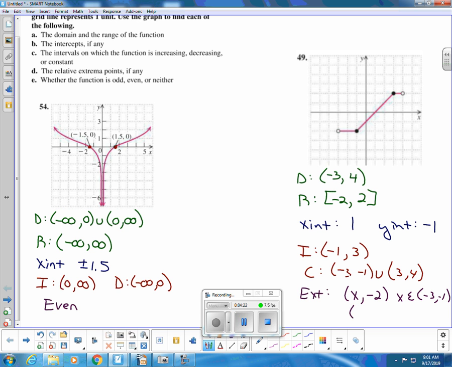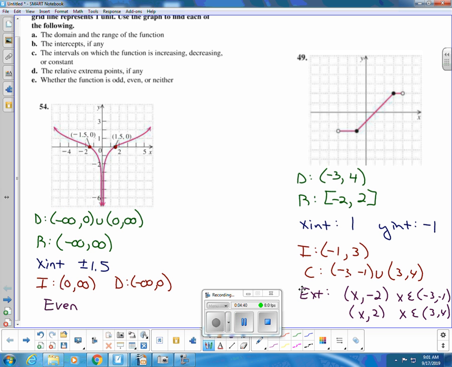And then you would say for all x's, the points x comma positive 2, for all x's in the interval 3 to 4. Okay? So those would be your extrema.